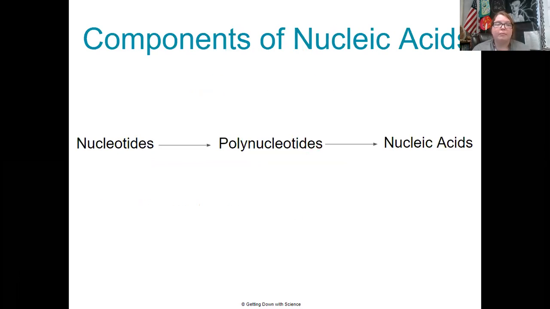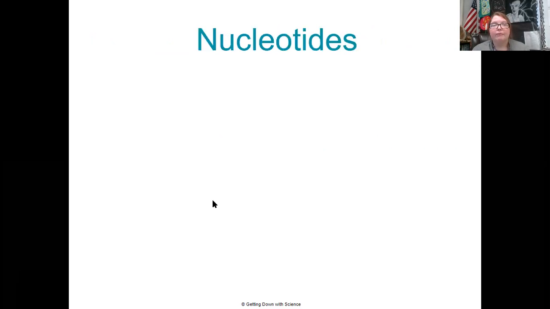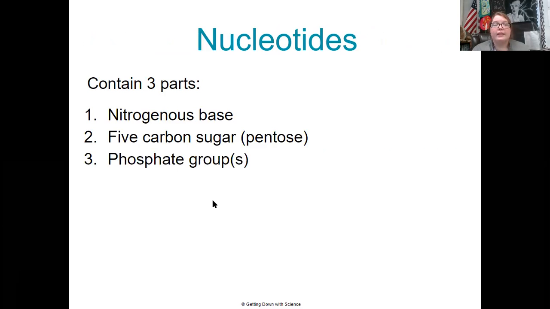So listen up. Okay. So nucleotides can form polynucleotides, which is just a string of bases. And then nucleic acids are the completed bit because there's actually proteins and things on there too, because nothing's ever simple in AP. All right, so nucleotides have three parts.